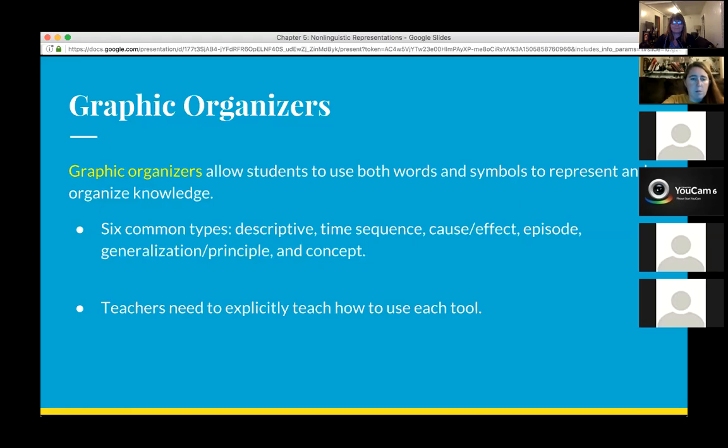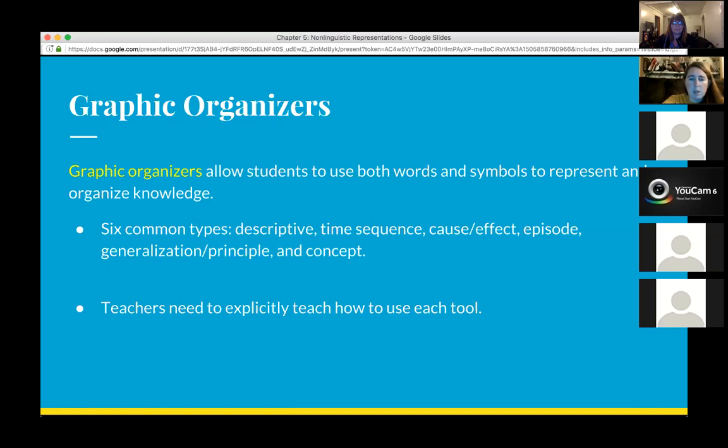When you are first introducing one of these organizers, you need to explicitly teach students how to use them. It's recommended that you use content that students already know or are familiar with, so they can focus on just learning how to use the tool rather than trying to learn content and the tool.